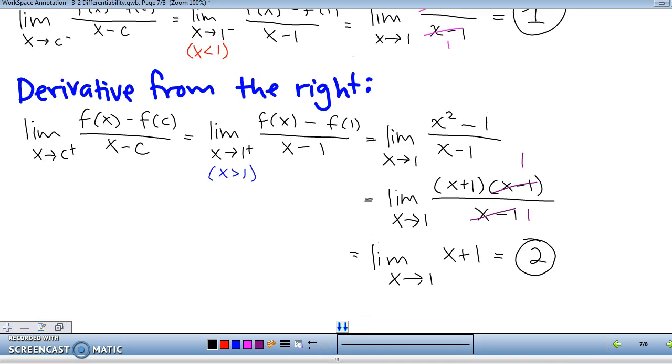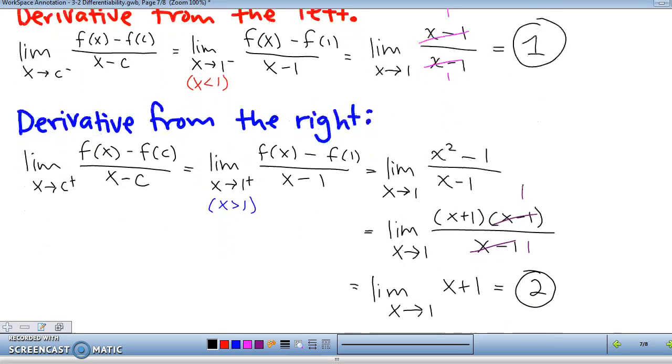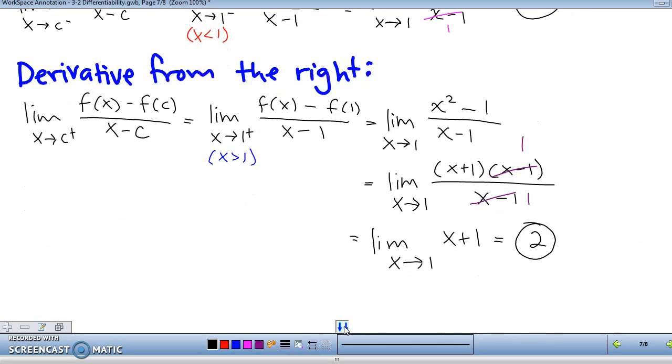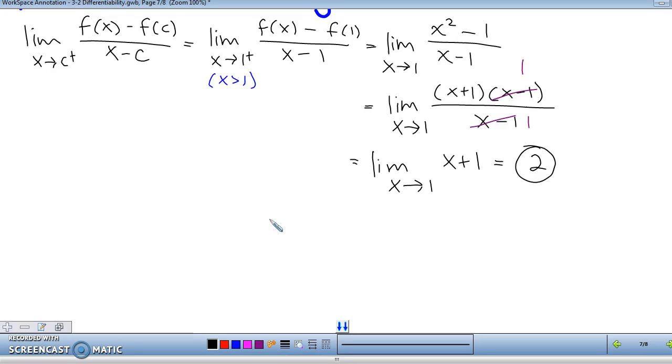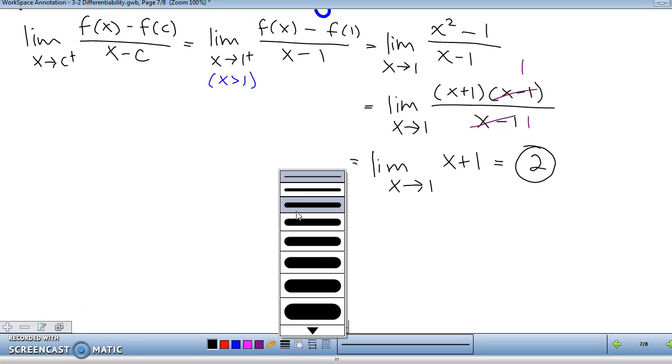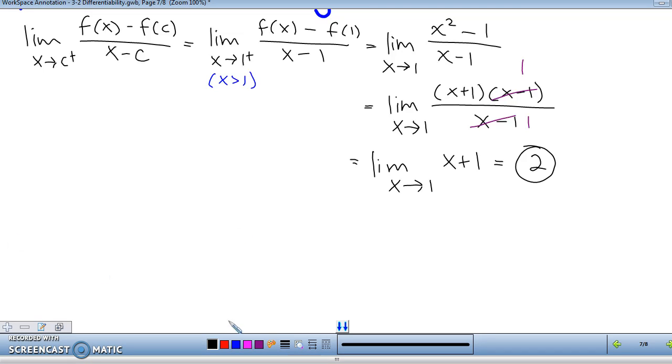So from the left, our derivative was 1. From the right, the derivative is 2. So they're not equal. The derivative does not exist. Go ahead and write this down.